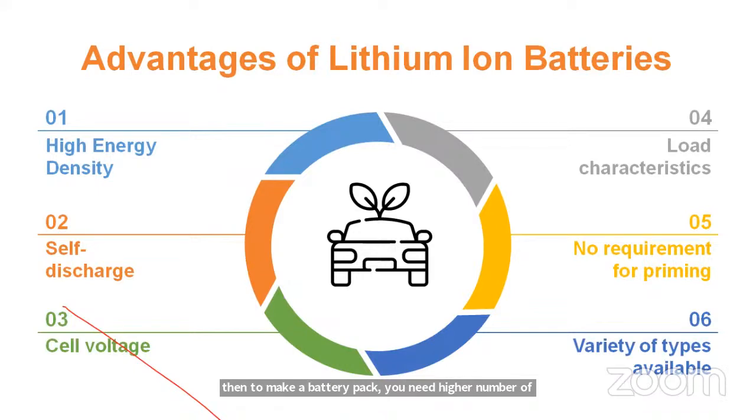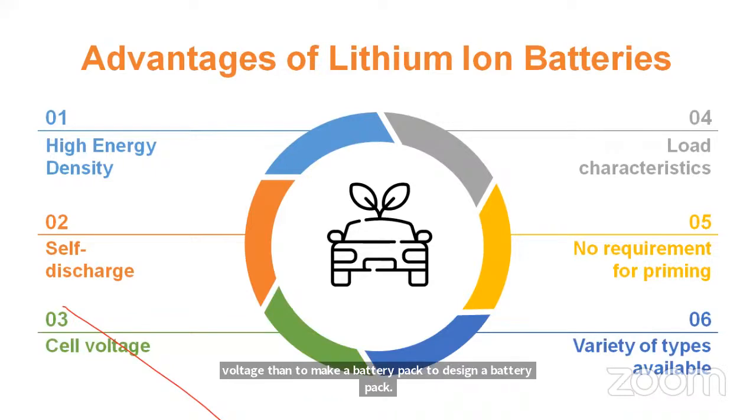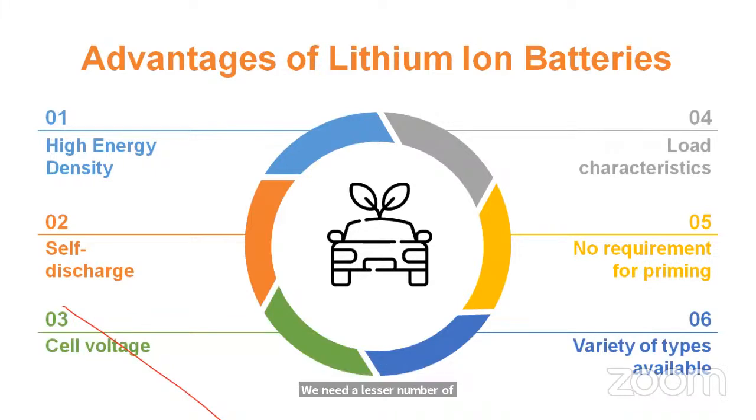If you have a higher voltage in a cell, then you need a lower number of cells to make a battery pack. That's why lithium-ion batteries, posing a higher voltage, need a lesser number of cells to design a battery pack compared to other chemistries of the cell. So that is the third major advantage.